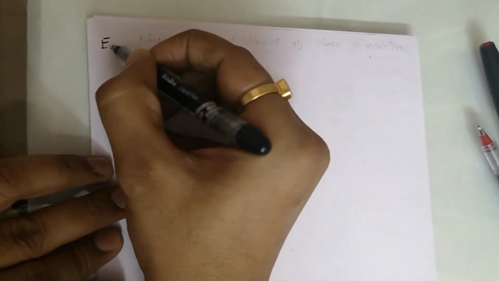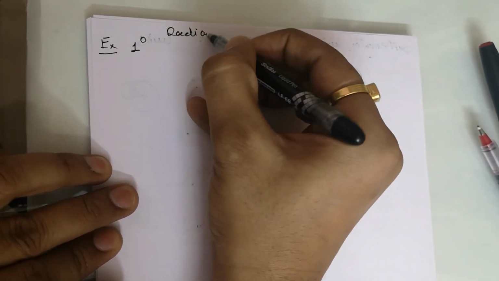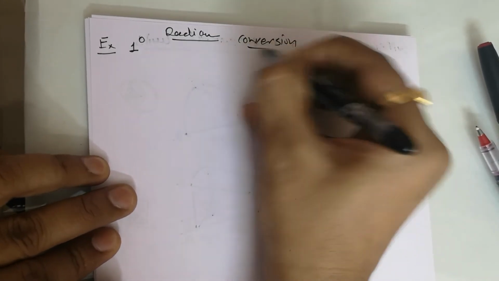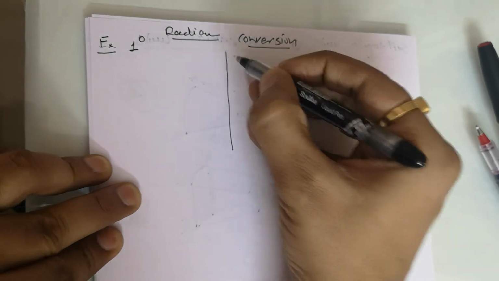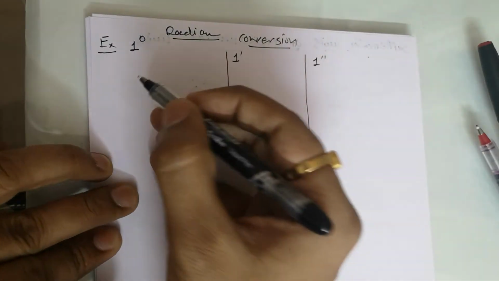In the next clip, we will learn how to convert. Let's say I have one example: convert in terms of radians. I have three things: 1 degree, 1 minute and 1 second.